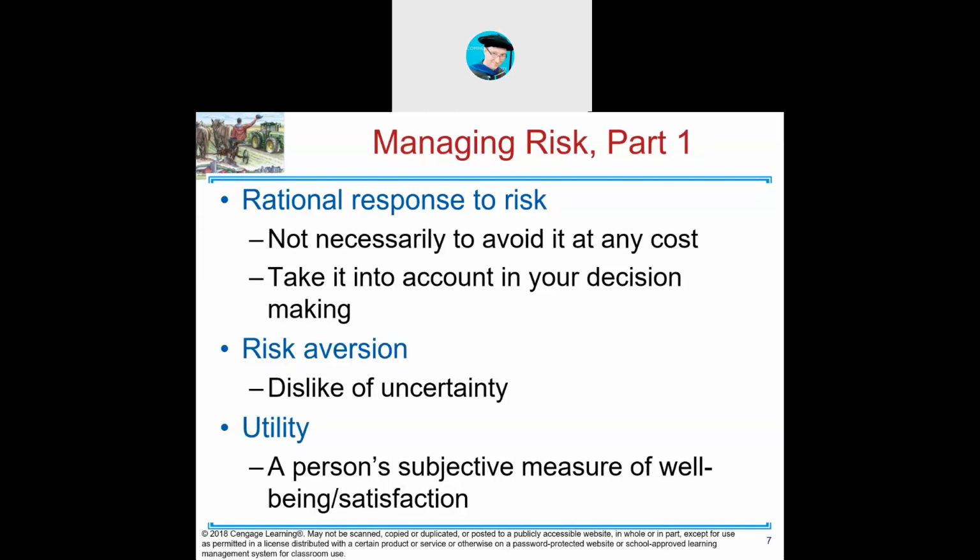And when you're investing, you have to know yourself and know what your risk tolerance is, how much risk you're willing to take on. And that comes along the lines with what we call utility, and that's you being subjective and being satisfied in the investments that you're making.